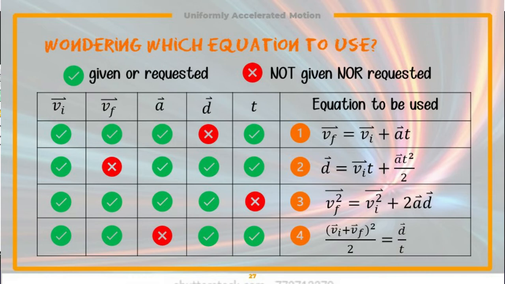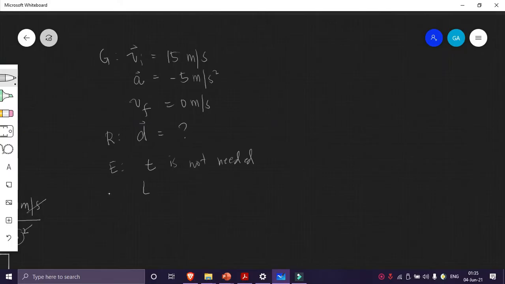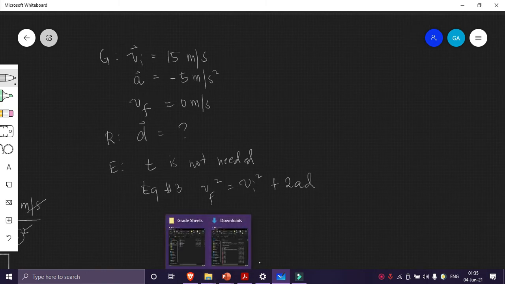So, the equation na hindi kailangan ng time is equation number 3. Okay, so this is equation number 3, which is VF squared equals VI squared plus 2AD. Okay? So, kunin natin ngayon si displacement. Ilipat natin si VI sa kabila.